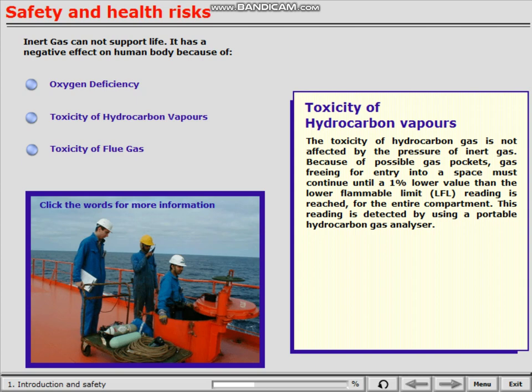Because of possible gas pockets, gas freeing for entry into a space must continue until a 1% lower value than the lower flammable limit reading is reached for the entire compartment. This reading is detected by using a portable hydrocarbon gas analyzer.